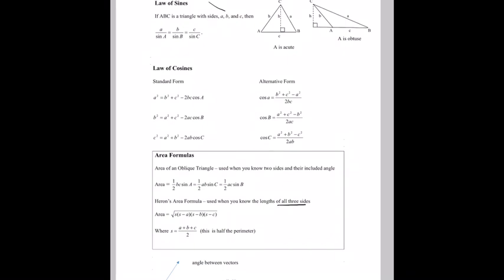If you have all three sides, then you can use Heron's area formula. If you know two sides and the angle in between them, then you can use one of these area formulas. So we need to figure out what we've been given here on question 5.